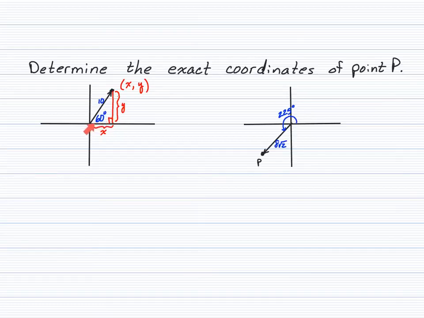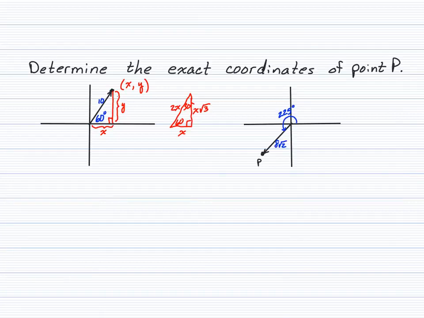Or if we use our 30-60 triangle rules from geometry, and if you remember your 30-60 triangle rules, they look like this. When you have a right triangle with a 30-degree and 60-degree acute angles, whatever the short leg is, the hypotenuse is twice that, and the long leg is the square root of 3 times the length of the short leg.